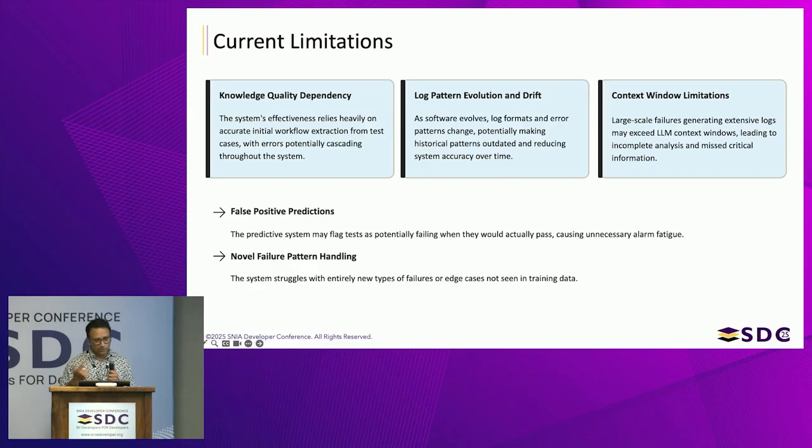One is false positives, where although something is actually passing or working fine, it will flag it and create noise in the system. And the second thing is, if you throw a new problem at a model that doesn't have that background, it is really hard for it to make sense of it from scratch.